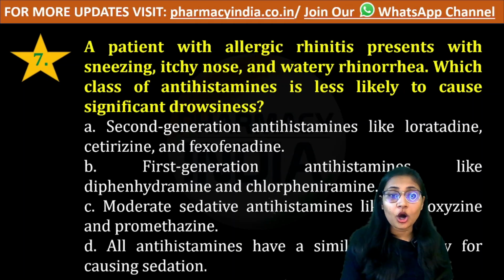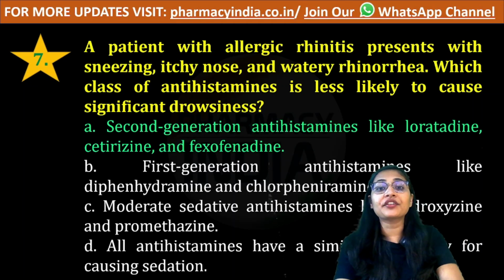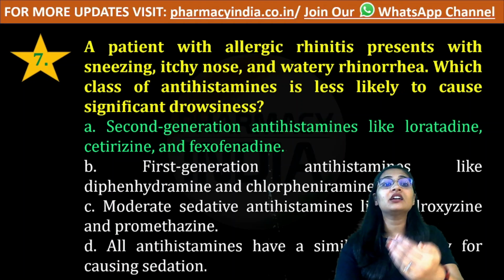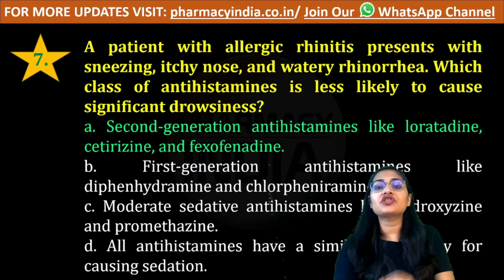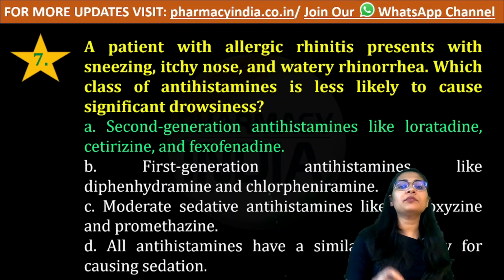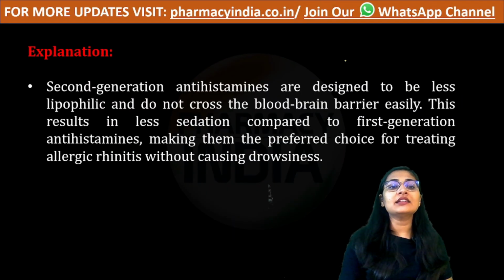Why? Because first of all, which are the drugs? These are the second generation antihistamines like cetirizine, fexofenadine. You would ask me, ma'am, why these drugs do not show drowsiness? These drugs have less lipophilicity.